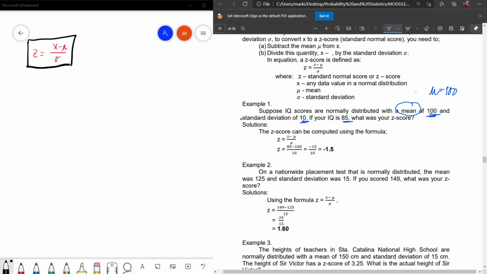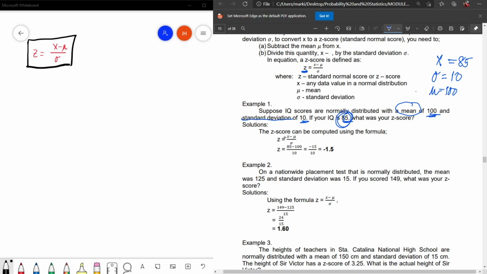And of course, there's another clue: the standard deviation is 10. And this 85 is your x, the data value. So in order to get the z, we are going to solve again: subtract the mean.